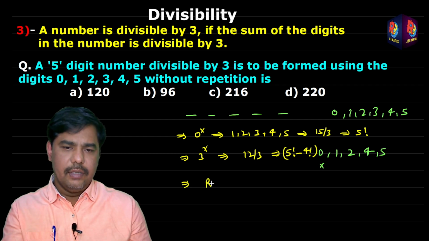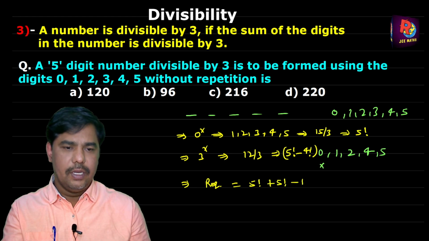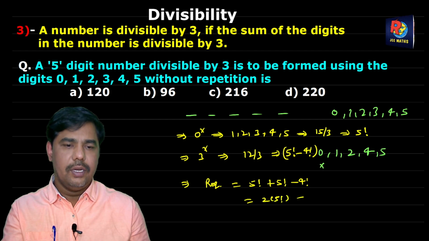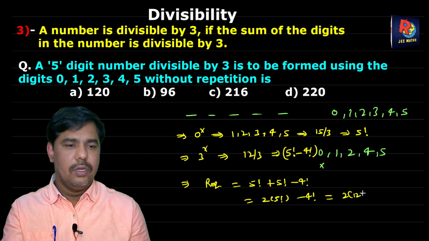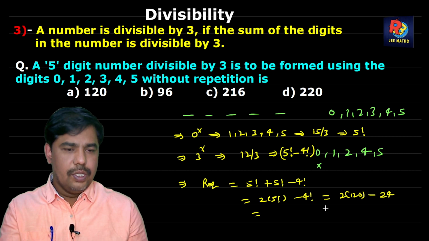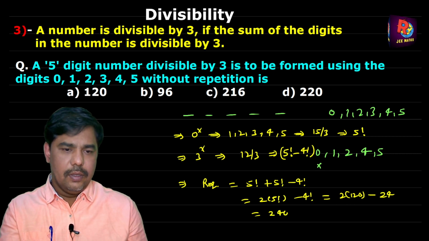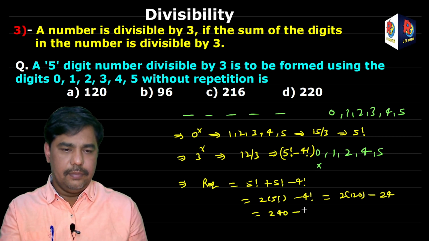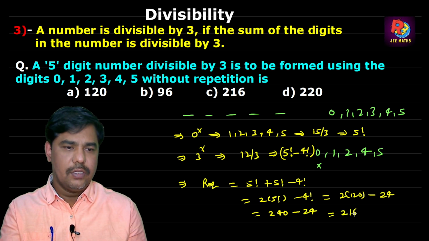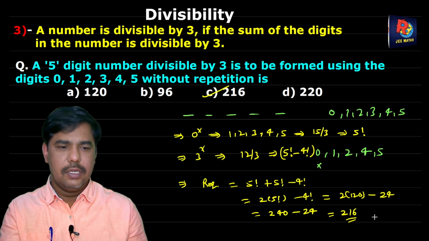So the required arrangement is 5 factorial plus 5 factorial minus 4 factorial, which is 2 into 5 factorial minus 4 factorial. So 2 into 120 minus 24. 2 into 120 is 240, minus 24, it will be 216. Option C is the correct answer.